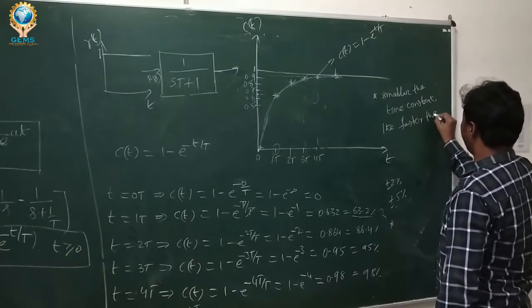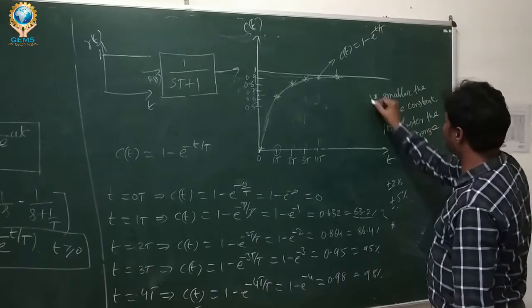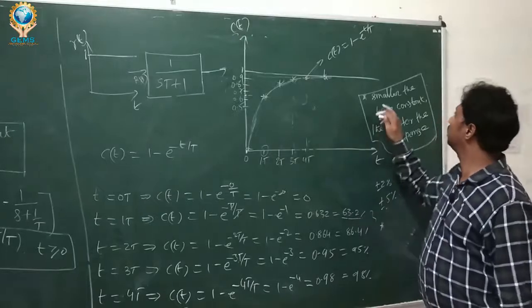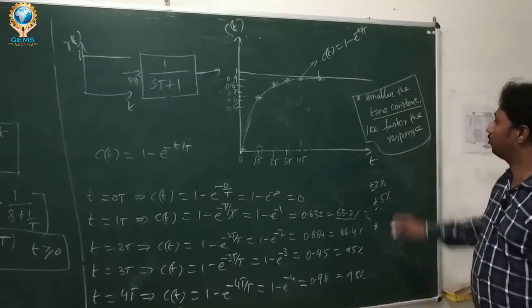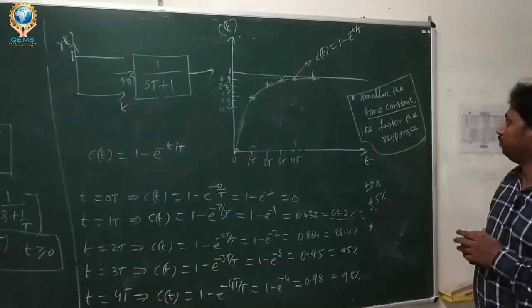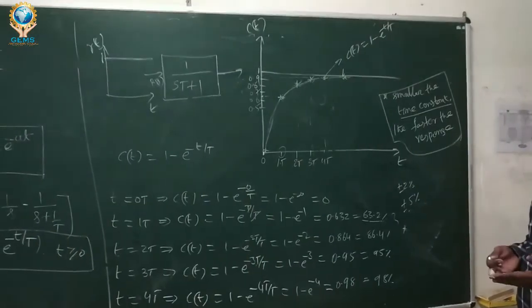You can note it. This is a very important point. Smaller the time constant, faster the response. So bigger the time constant, it will give the slow response.